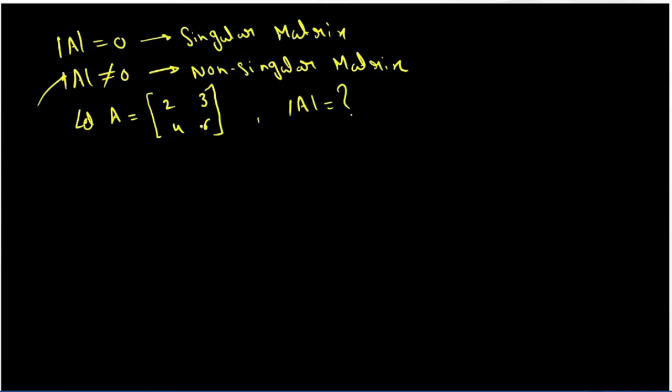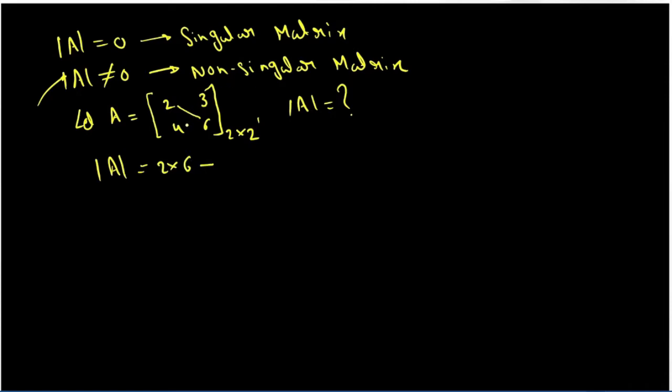So, the procedure to calculate the determinant of a 2 cross 2 matrix will be, first I will multiply these two elements, that is 2 into 6, and then I will put a negative sign here.